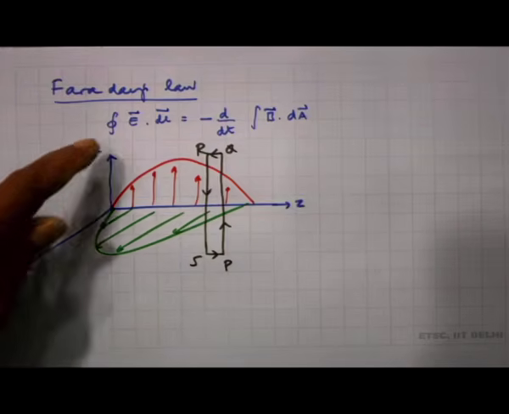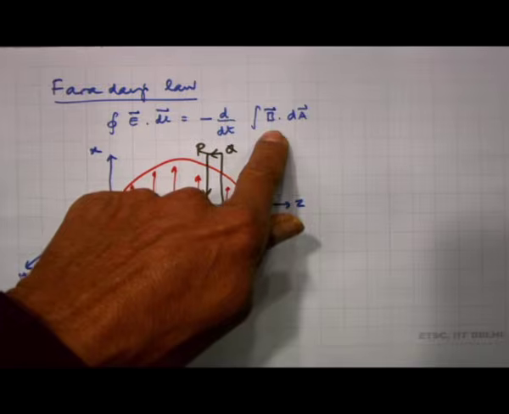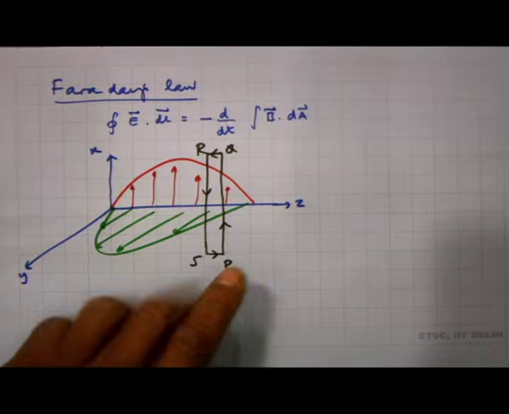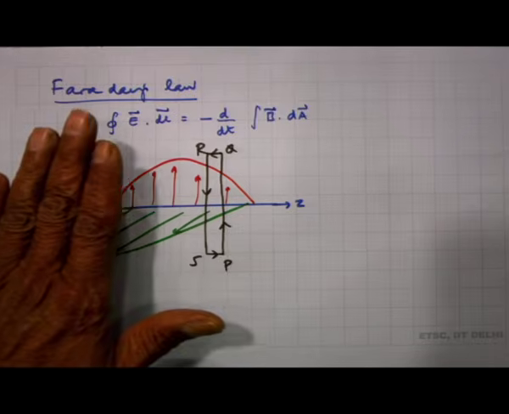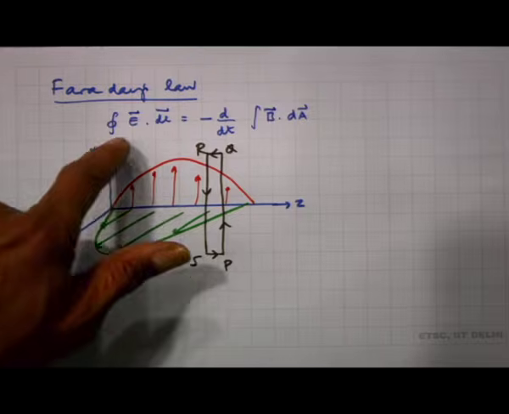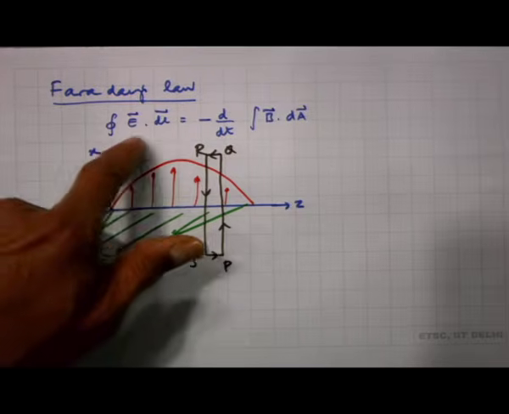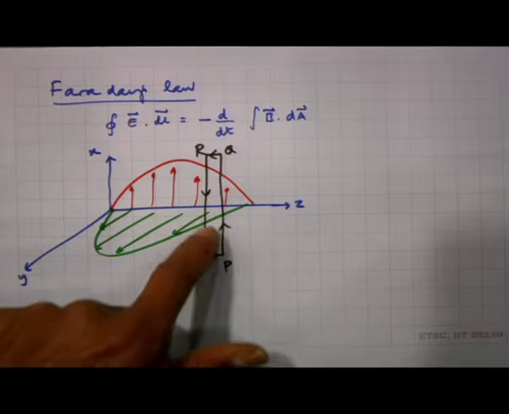Look here, the left hand side has an integral over a closed path and the right hand side has the magnetic flux. So, I take a loop P, Q, R, S in the xz plane, and I want to find out under what conditions am I satisfying this equation. So, there is an electric field here and there is a magnetic flux passing through this.